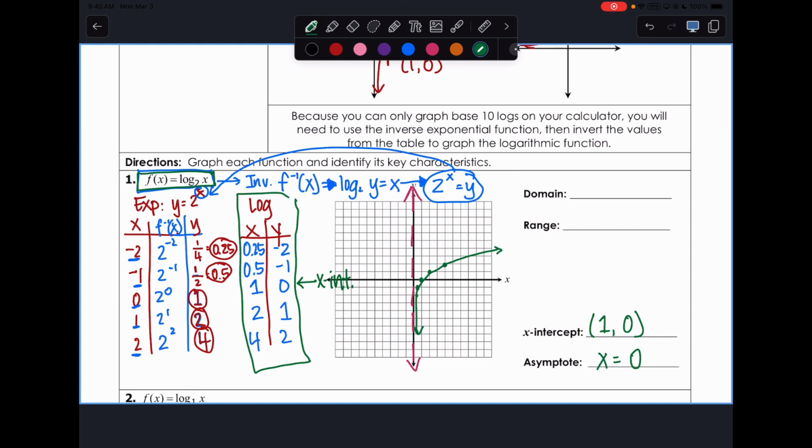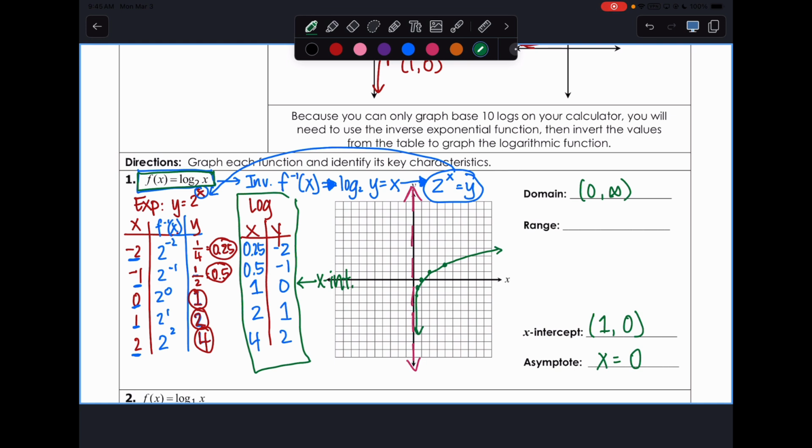Okay. What's the domain? Which one has the restriction now? The x's have the restriction. Where does it begin? Begins at 0 and it goes to positive infinity direction, okay? Now, is there a bracket or a parentheses on 0?